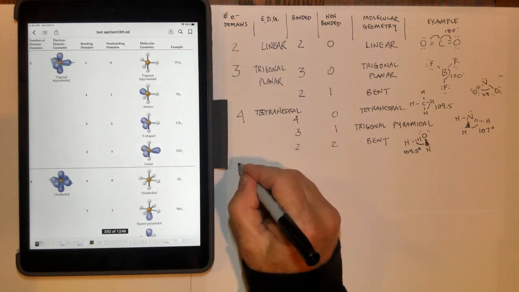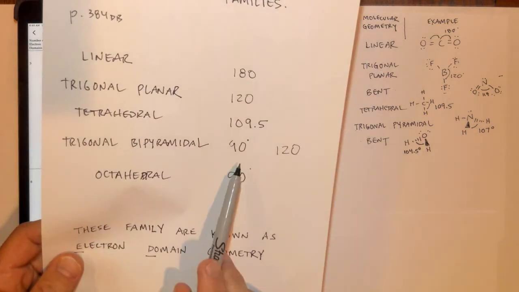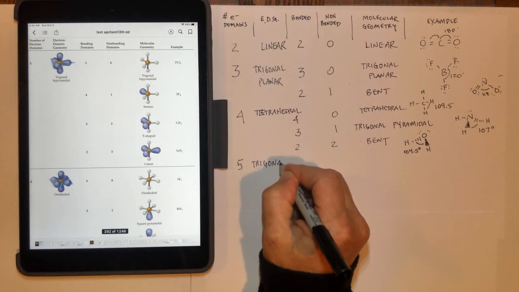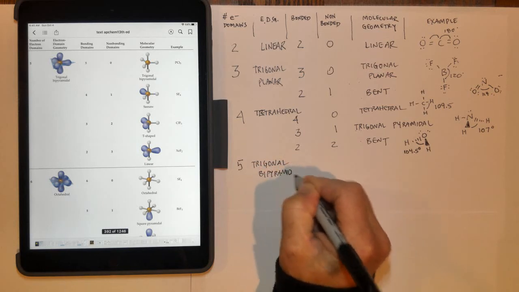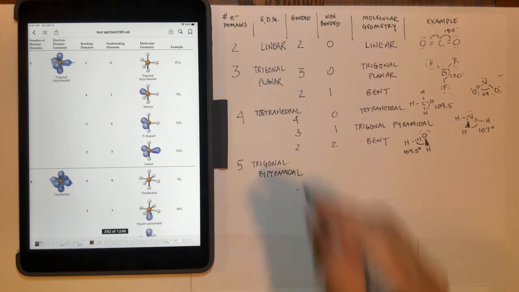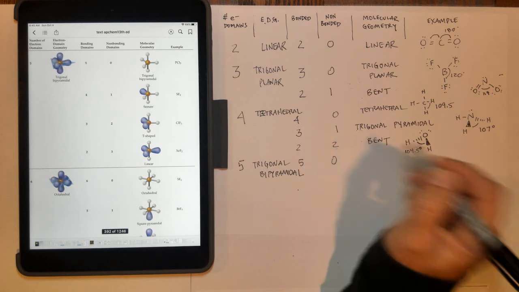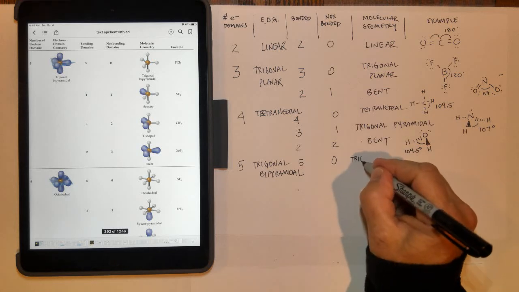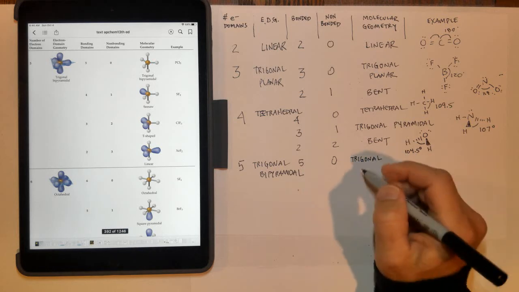These ones have 5 electron domains, and this comes from the family that's called trigonal bipyramidal. If we have 5 bonded domains and 0 non-bonded domains, this one is called trigonal bipyramidal.